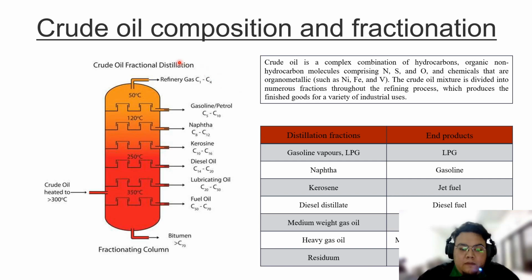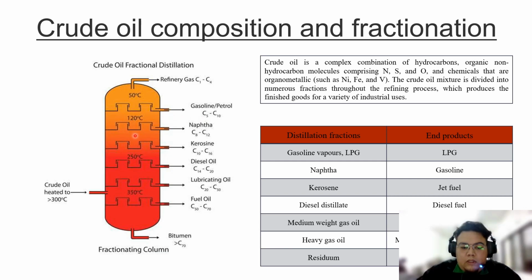Based on this diagram of crude oil fractional distillation, we can see that around 50 degrees Celsius, they produce gasoline and petrol. At the next, 120 Celsius, they produce naphtha.